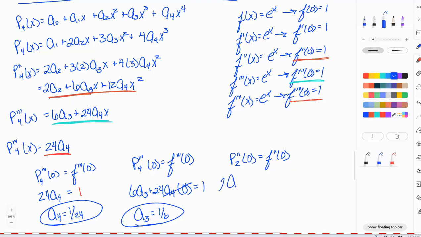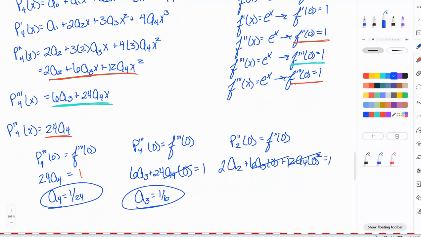So I have 2a sub 2 plus 6a sub 3 times 0 plus 12a sub 4 times 0 squared all has to equal 1, which means that 2a sub 2 equals 1, so a sub 2 has to equal 1/2.